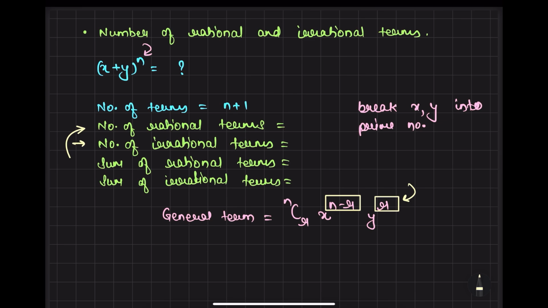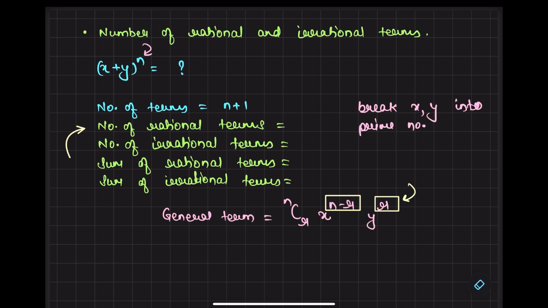And if you got the rational terms, don't you think you can add them? So you can also find the sum of irrational terms by subtraction: sum of everything minus the sum of rational terms. So always go with the rational terms.